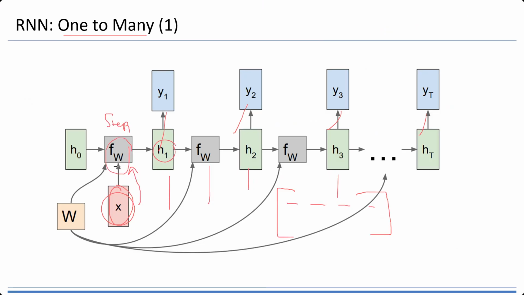The input is only one time, and the other steps will give you the output. The input can be a matrix, and the result will be something like text generation.